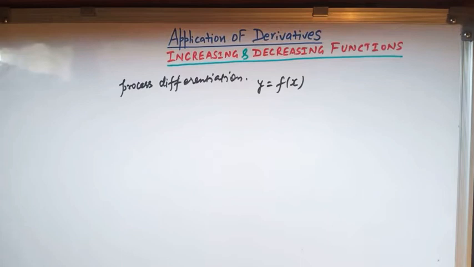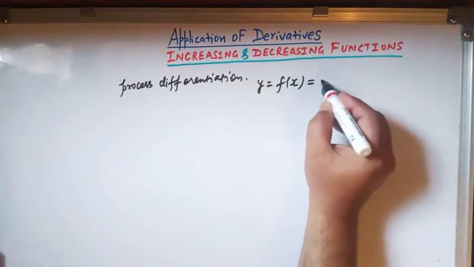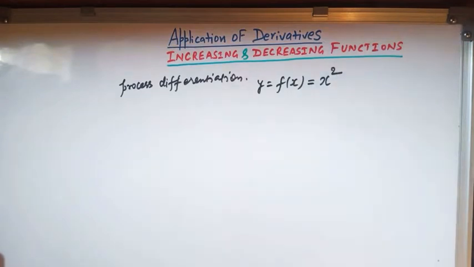Clear? So before explaining what are the rules to decide whether a function is increasing or decreasing, let us take a simple example, that is, say y equal to f(x) is equal to x square. Clear?